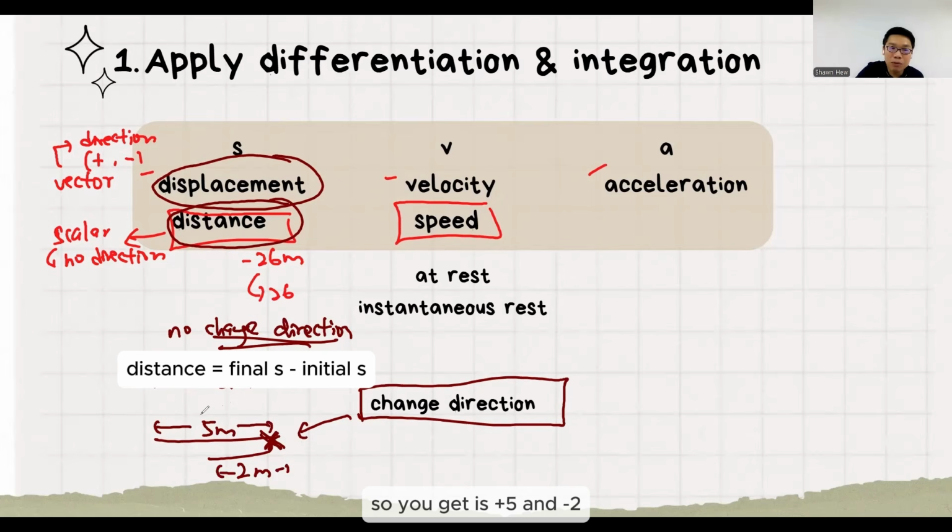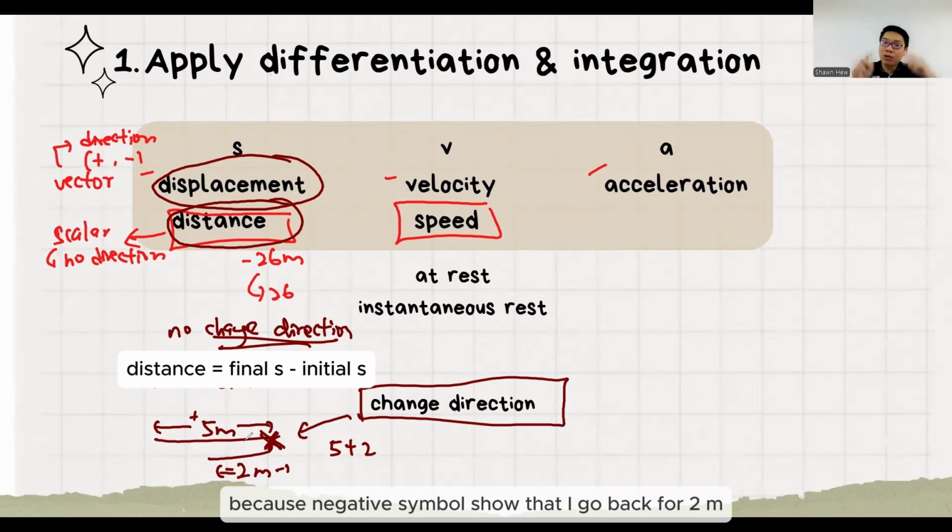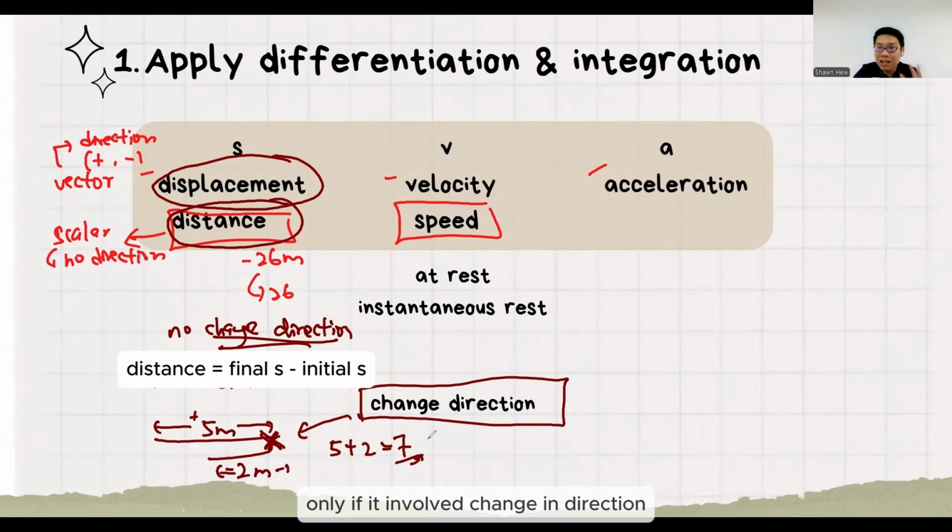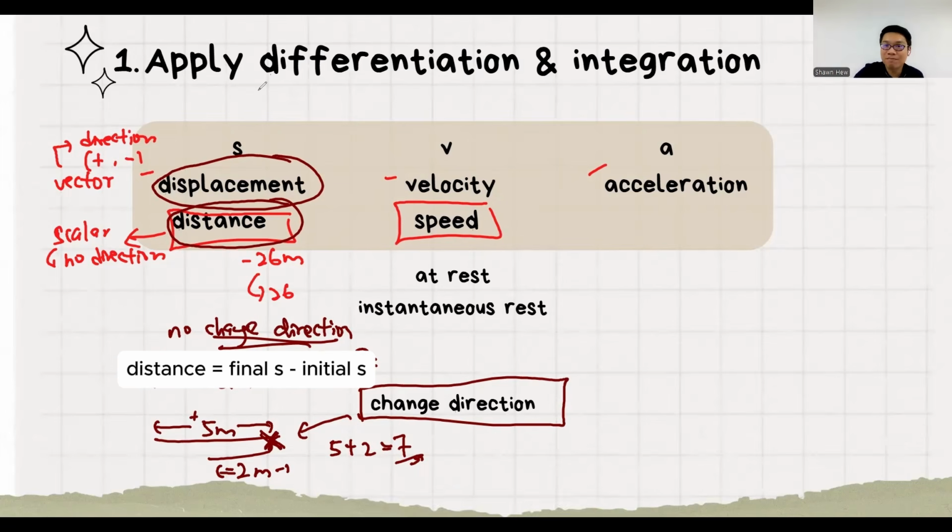So you get positive 5 and negative 2. Then the distance is 5 plus 2. You shouldn't include the negative symbol, because the negative symbol shows that I go back for 2 meters. So that's why it's 7 meters. This will appear only if it involves a change in direction. And for velocity and speed, it's just the same. When they ask for speed, do not write your answer as negative. Then we can go for the questions.